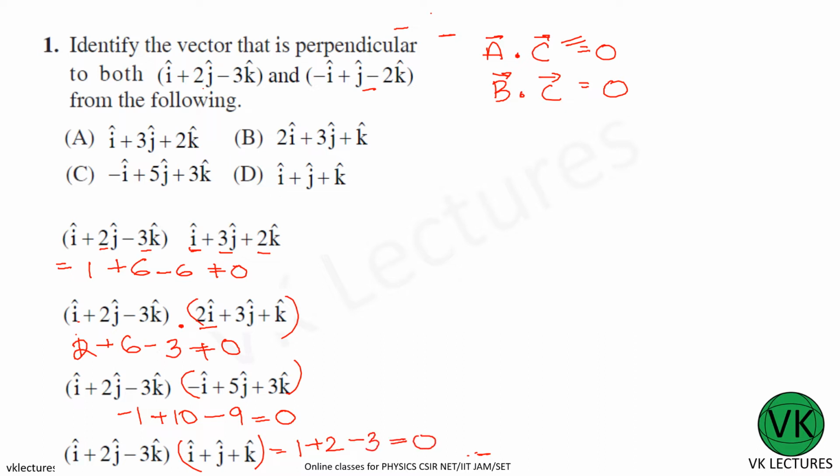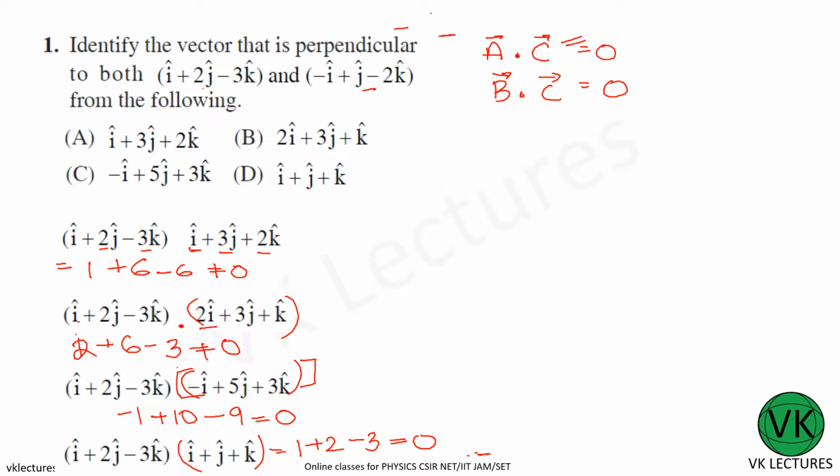So your required answer should be either this vector, minus i plus 5j plus 3k, or i plus j plus k.